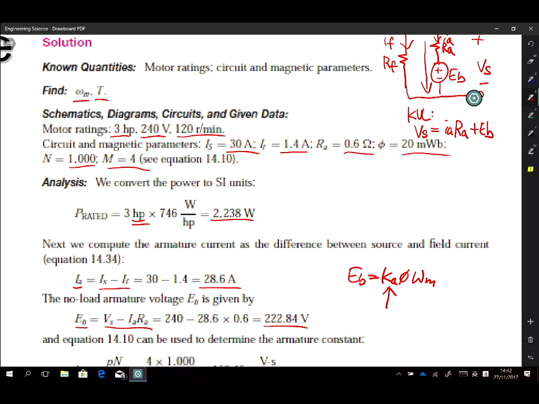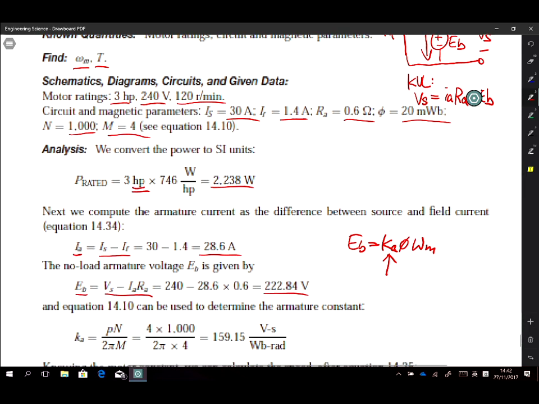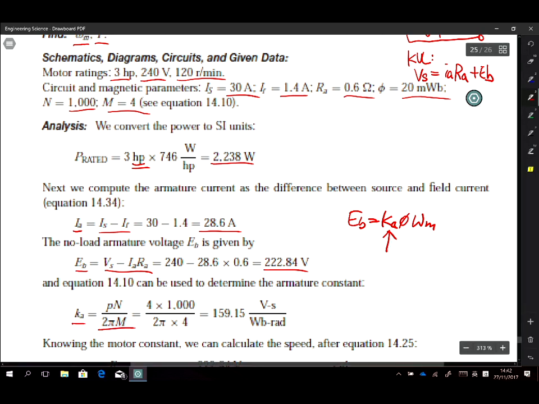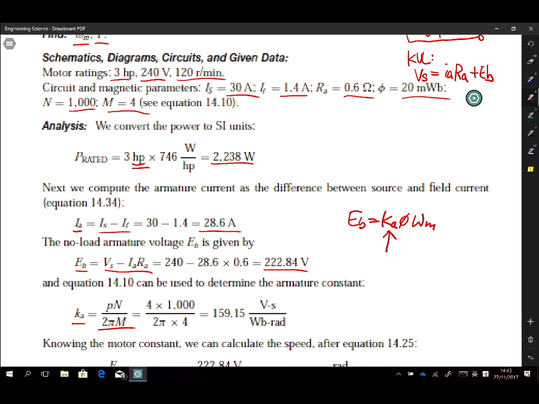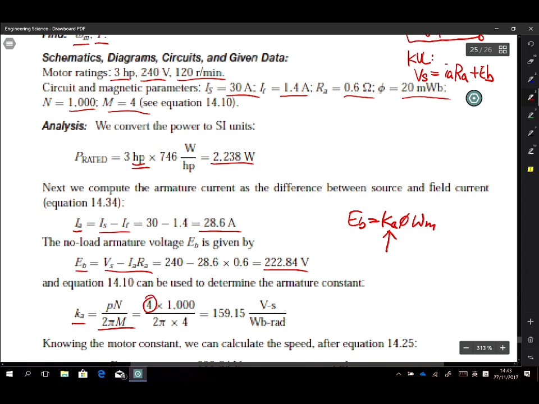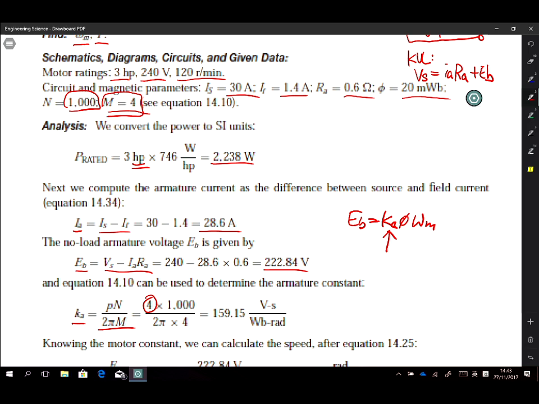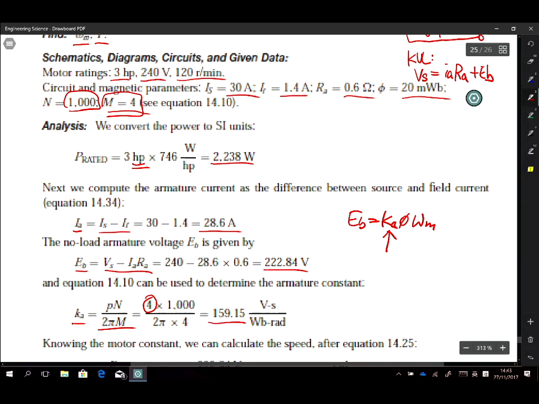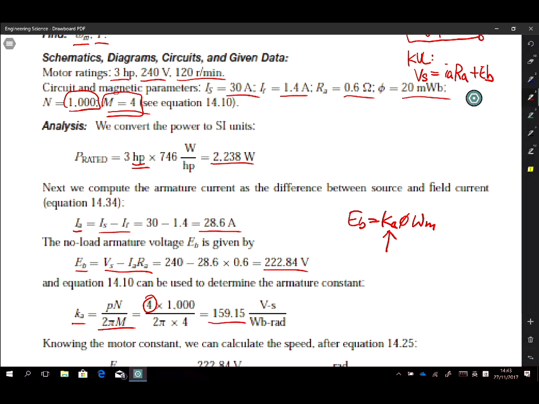In this solution, we help you compute Ka by using another formula, which is equal to PN over 2 pi M. The motor is a 4-pole motor, therefore P equal to 4, N equal to 1000, M equal to 4. They are the coil geometry in the motor. We substitute them into the formula and get Ka equal to 159.15 volt second over Weber radian.